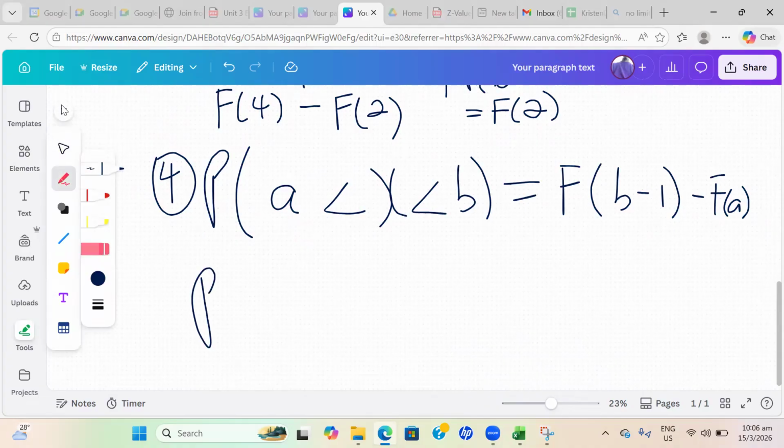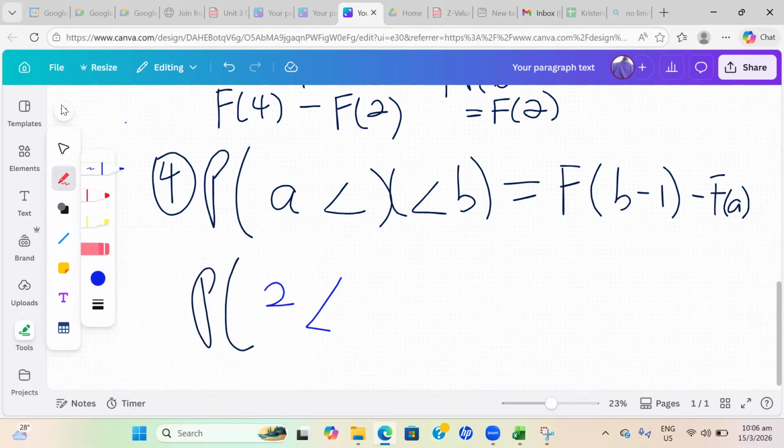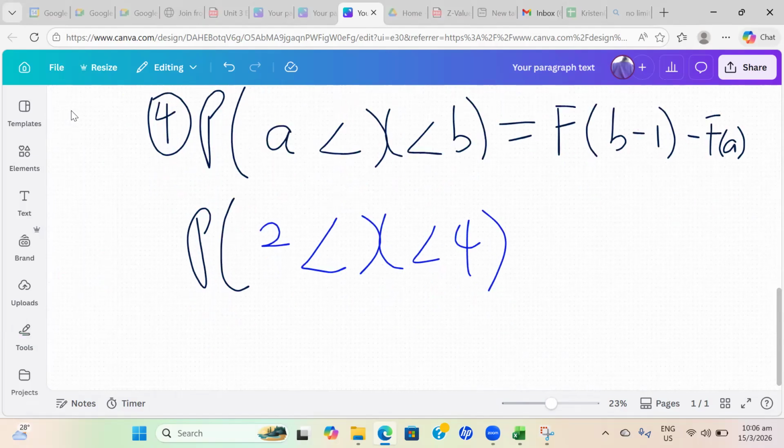Let's say we replace a with 2 and replace b with 4. So x is greater than 2 while it is less than 4. So only one number counts for that, and that would be 3, but let us write up our numbers here. So we start in probability, we start counting from x equals 0.